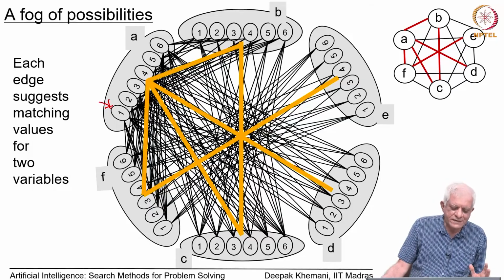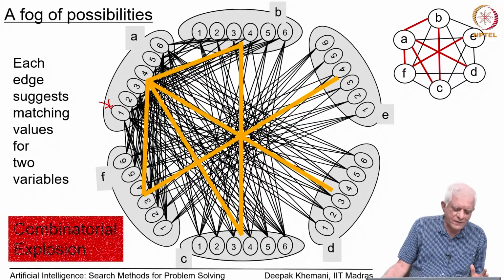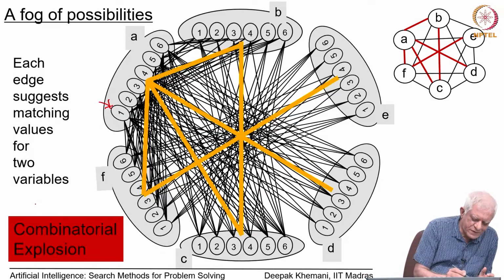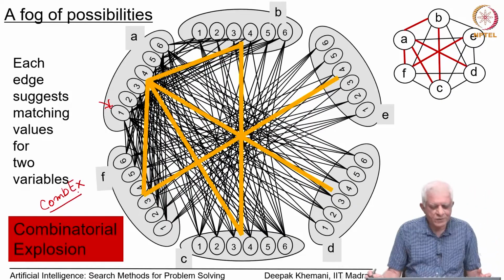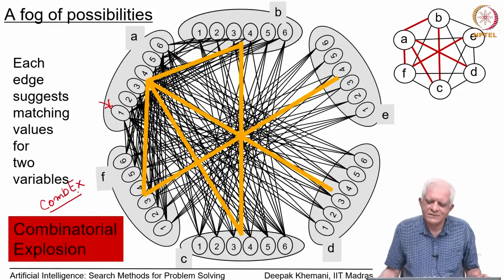So, each edge suggests matching values for two variables, and here we are running into our old foe, the combinatorial explosion. The monster, if you want to call it, that we are fighting.